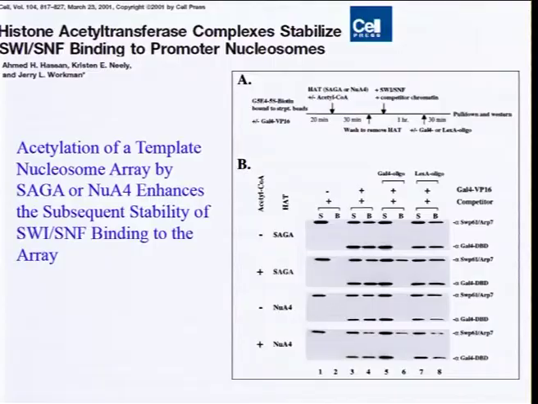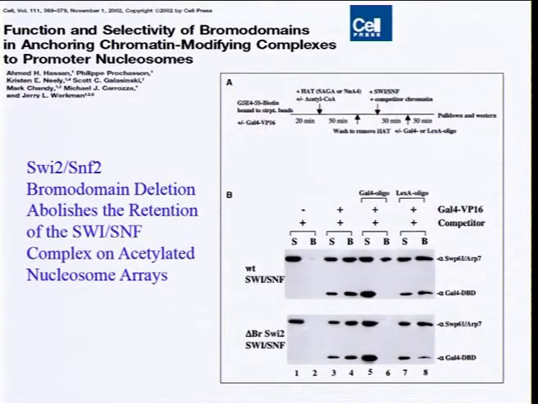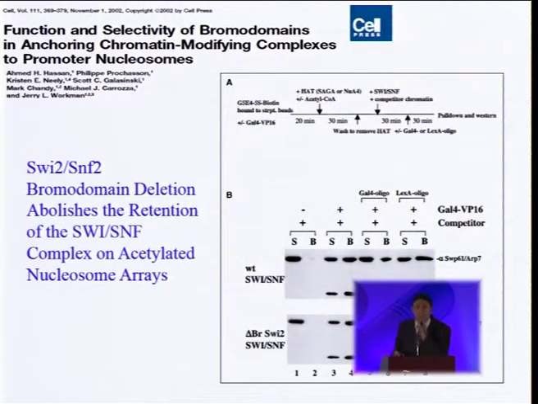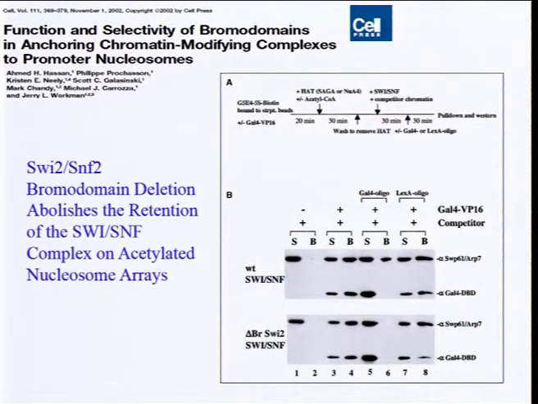Again, an ATP-dependent chromatin remodeler is recruited in the presence of acetylation, but not in its absence. Later on, we showed that a specific domain called bromodomain within this ATP-dependent chromatin remodeler is important for this retention. So when this bromodomain is deleted, the retention is completely lost.